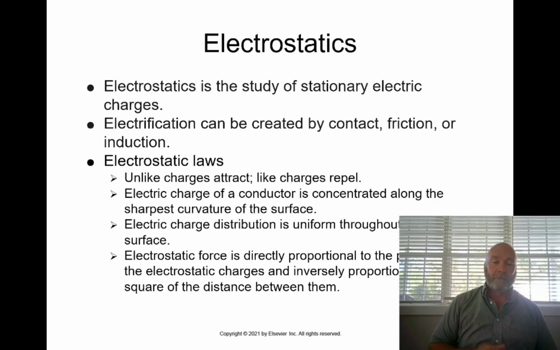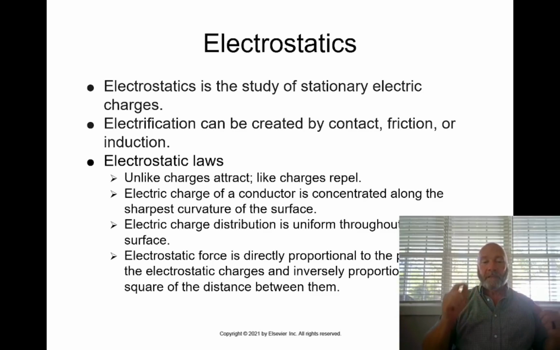And it's inversely proportional to the square of the distance between them. That's just the inverse square law all over again. So if you have 2 electrons and they're pushed as close together as possible, they have more potency than 2 electrons that are far apart.